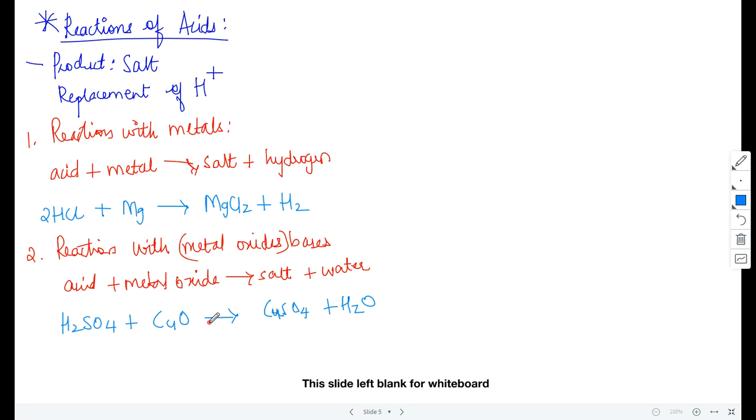This is balanced, so I don't have to add or remove anything. Okay, fine. So this is my reaction with metal oxides. We saw two reactions. My third reaction will be with metal hydroxides.